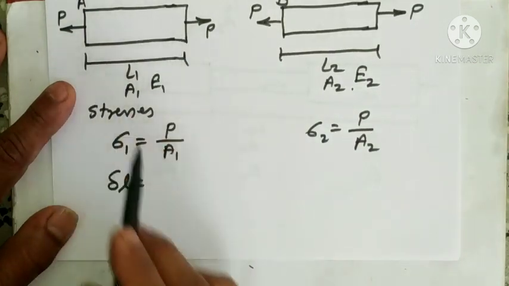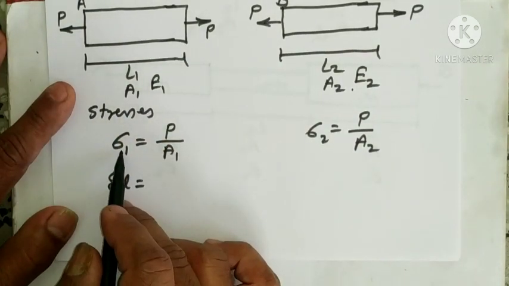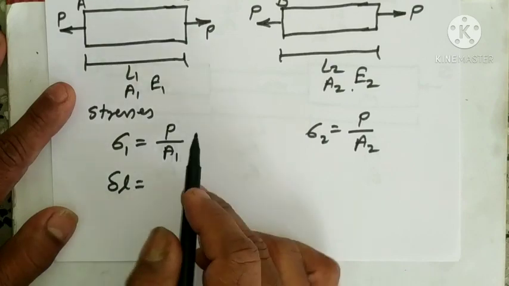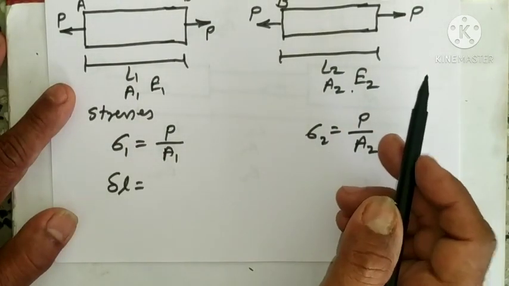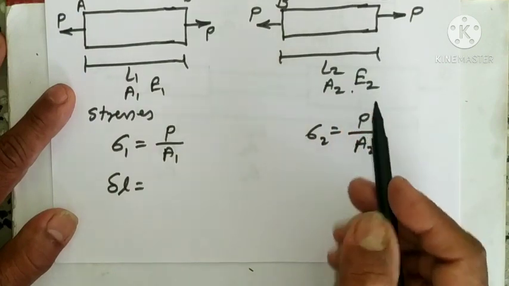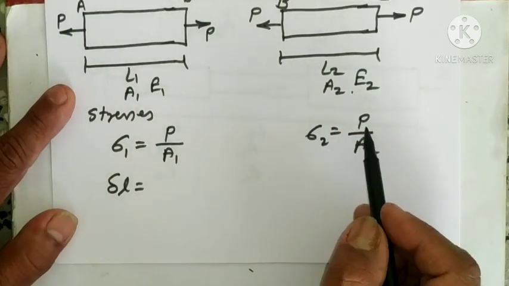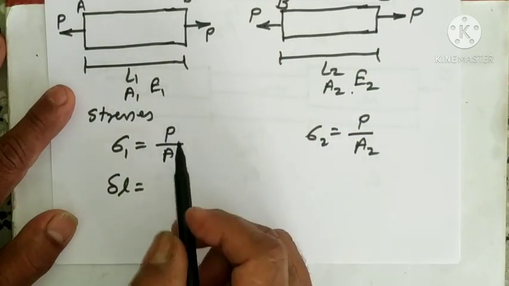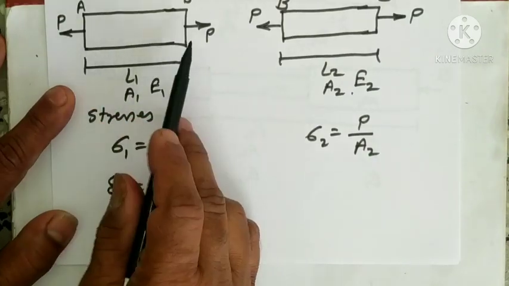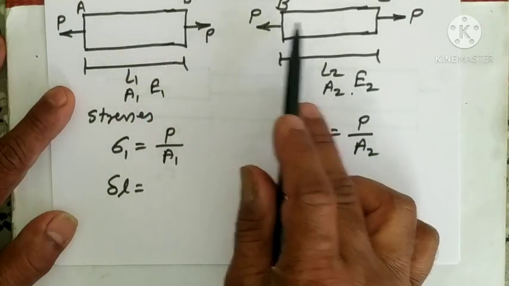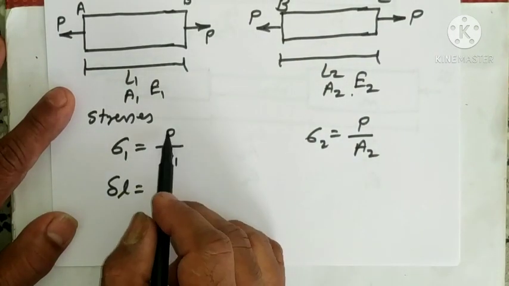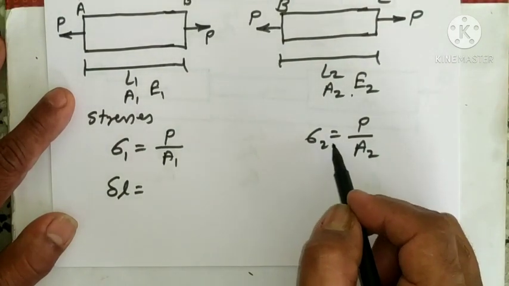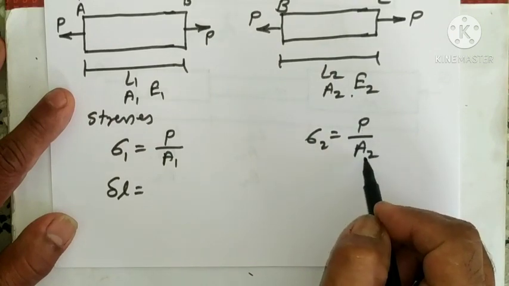For FBD AB, sigma 1 is equals to P upon A1. Force P is same for both the materials. Therefore, P remains as it is. But cross-sectional area of these two members AB and BC are different. Therefore, sigma 1 is equals to P upon A1, sigma 2 is equals to P upon A2.